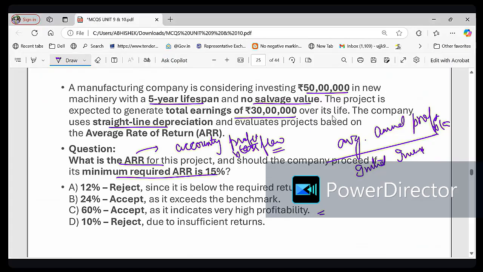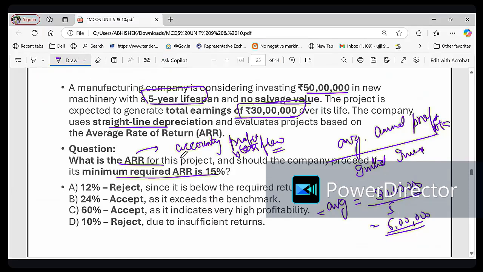So what is the average annual profit? It is 30 lakh divided by 5 years, which is 6 lakh. So 6 lakh is your average annual profit.